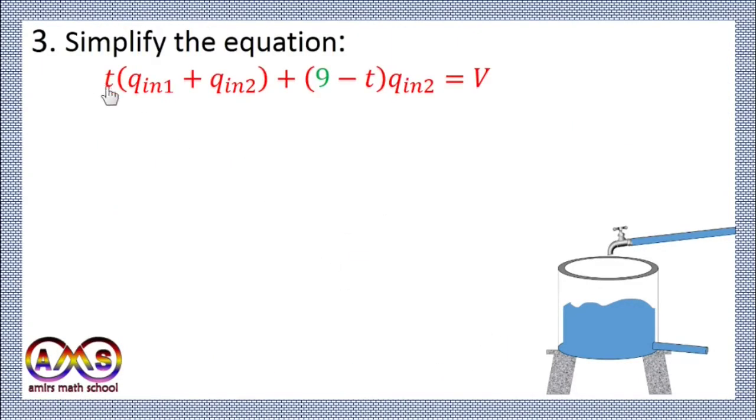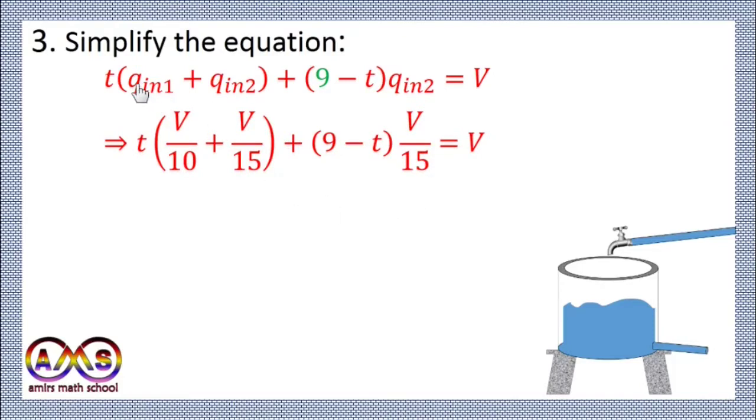Final equation: t into (Q in 1 plus Q in 2) plus (9 minus t) into Q in 2. Here, since both pipes are open for t minutes, that's why Q in 1 plus Q in 2 into t, and only the second pipe is open for 9 minus t minutes, that's why 9 minus t into Q in 2, which gives the total value, that is the volume of the tank.